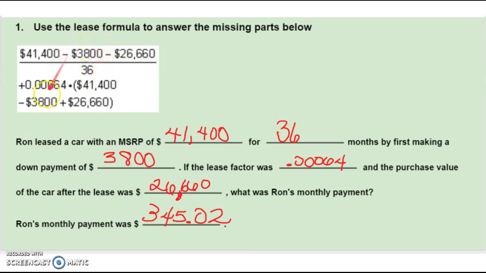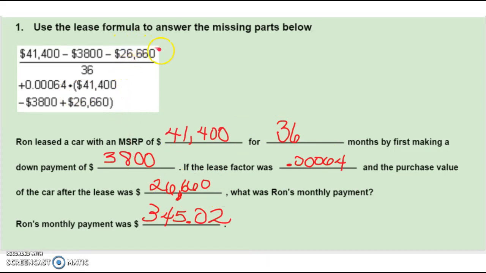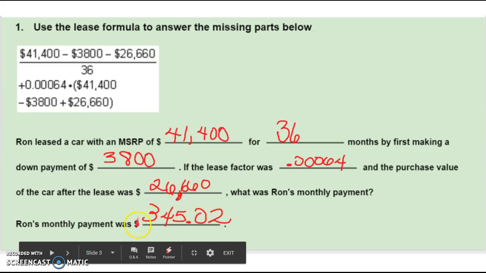The 3,800 here and here is the down payment. The lease factor, 0.0064. 26,660 is the value of the car, the purchase price of the car after the lease. And the monthly payments, $345.02. I got that using the monthly payment calculator that we have for lease payments.